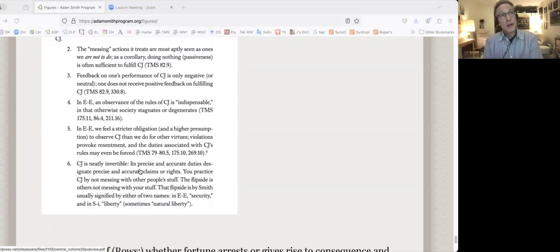But something that is curious is that Smith states this so starkly as though you could have zero beneficence, or if you like, zero DJ, although zero DJ other than CJ violation, bad DJ, okay?